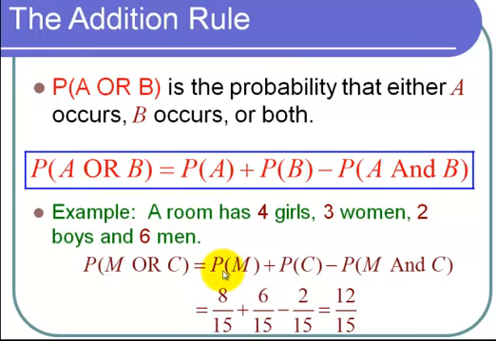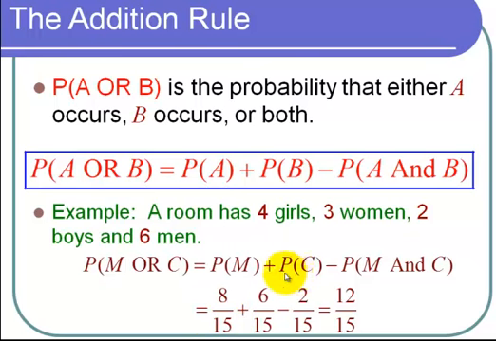And let's look at the numbers for that. If you look at the males, well, there were 2 boys and 6 men. That's 8 total males in the room. Out of 15 people in the room: 4 plus 3 is 7, plus 2 is 9, plus 6 is 15. That's where I get the denominator.